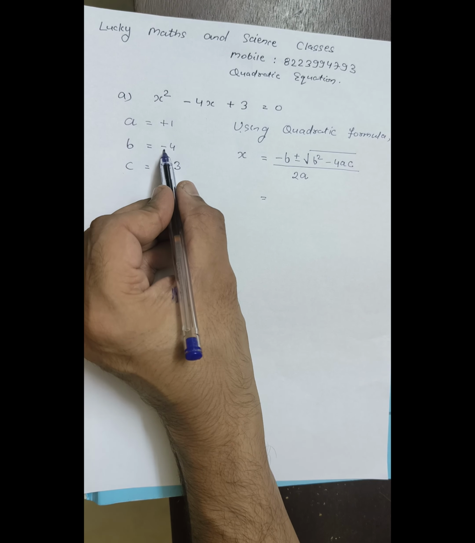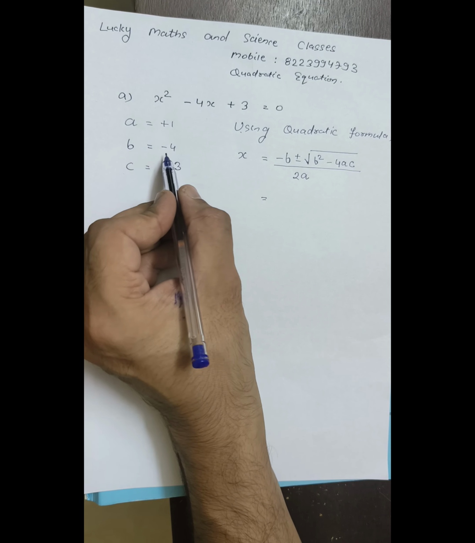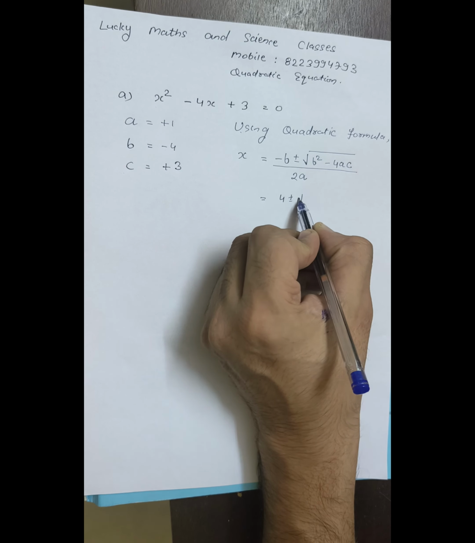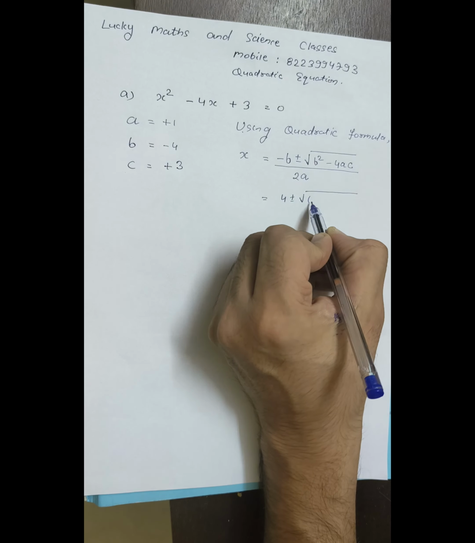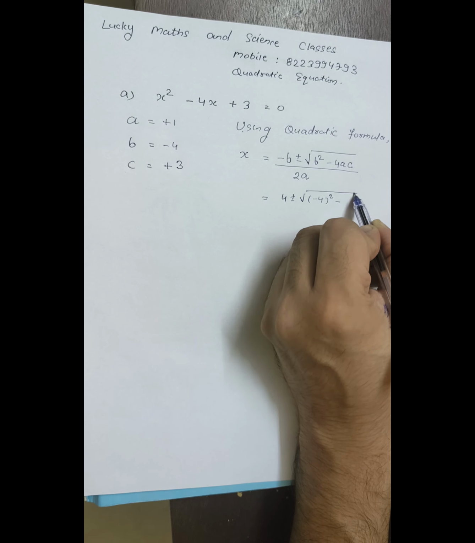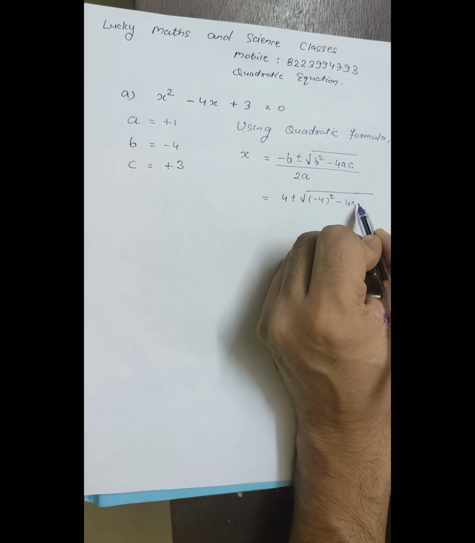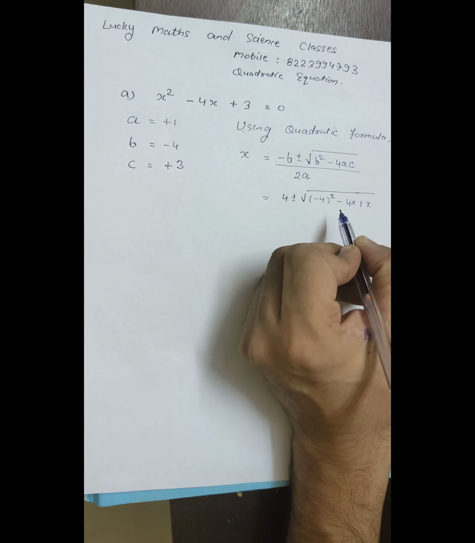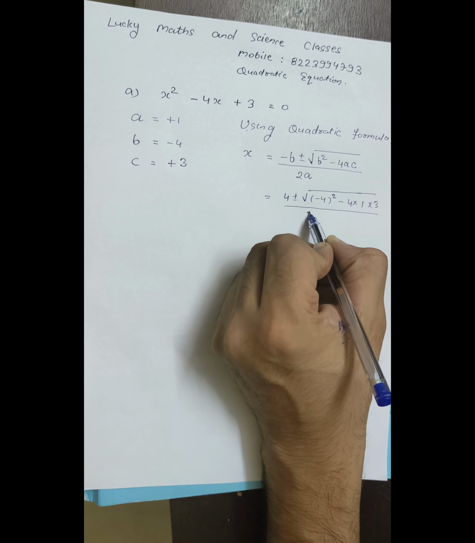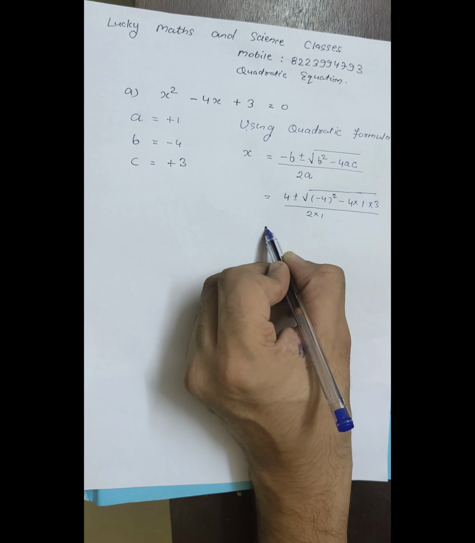If b is minus 4, so minus b will be plus 4. So 4 plus minus square root of minus 4 square minus 4 times 1 times 3, whole divided by 2 times 1.